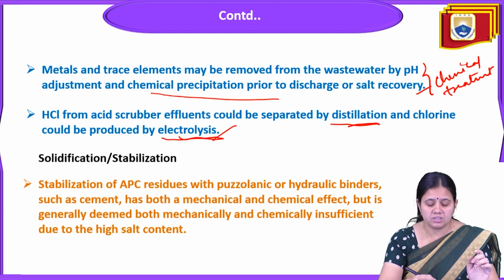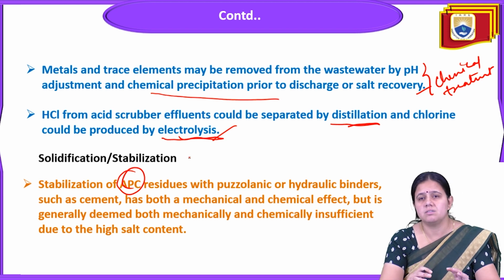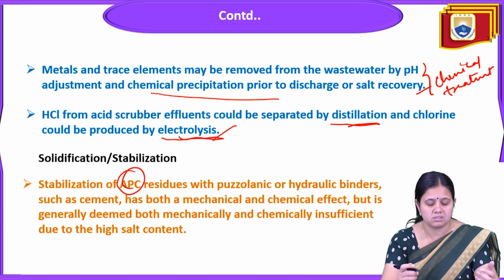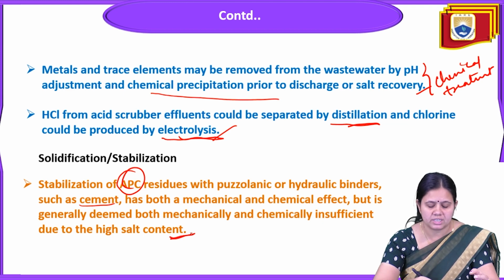Next, for these air pollution control residues, stabilization will also follow. So this stabilization will work like that. Treating the residue with some pozzolanic and hydraulic binders like cement has both mechanical and chemical effects. But it is generally deemed both mechanically and chemically insufficient due to the high salt content.